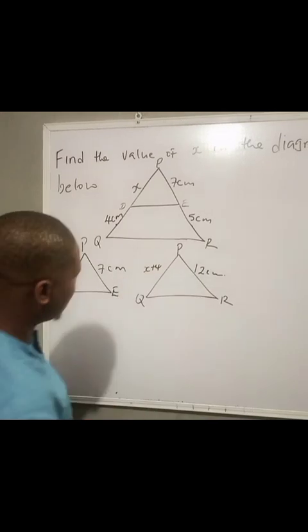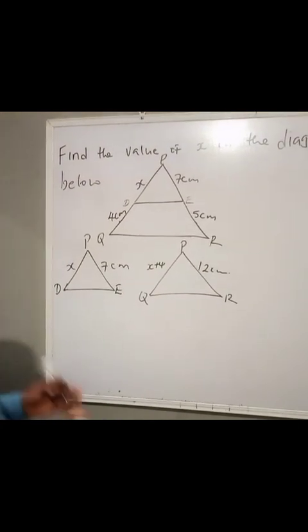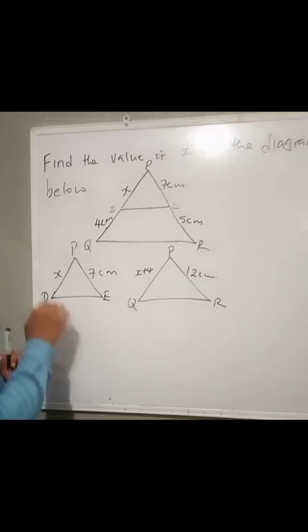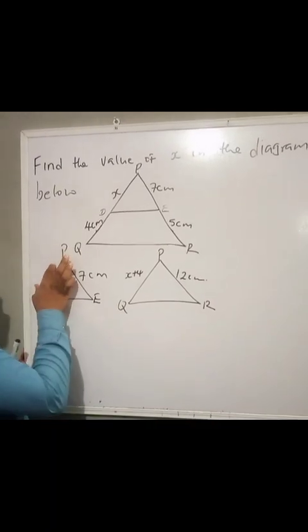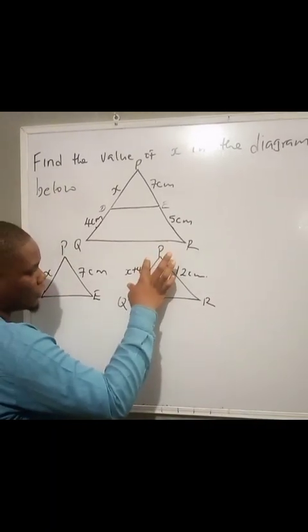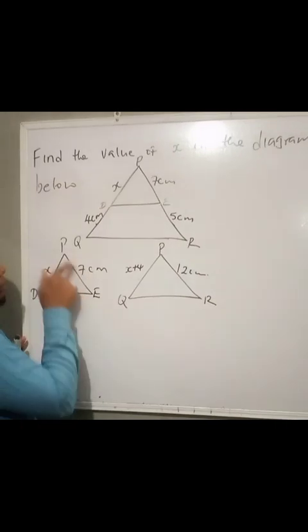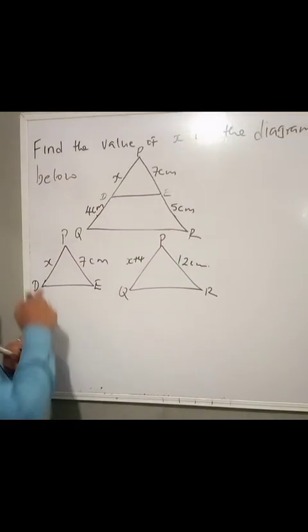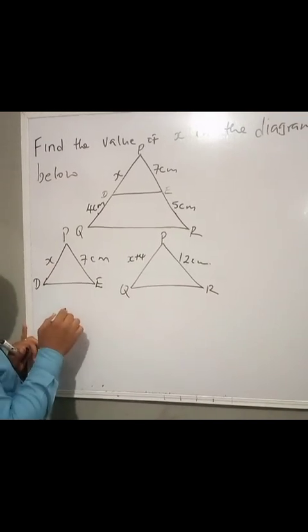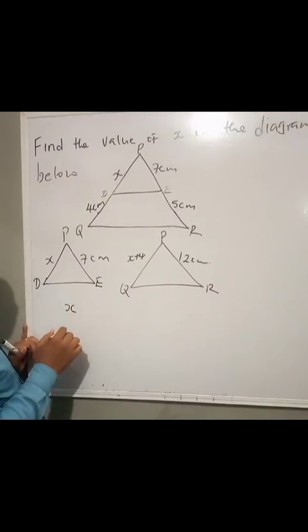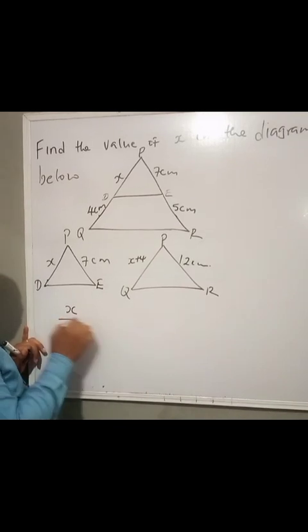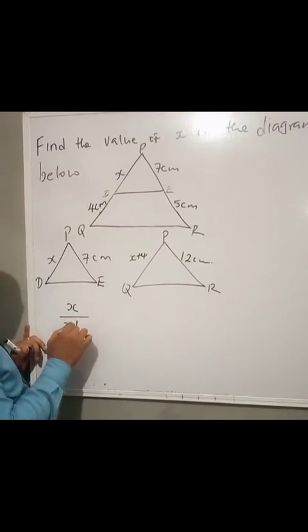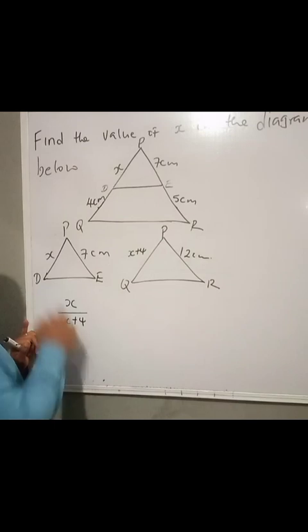Now, what's the concept? It deals with ratio. If you observe, this side is similar to this, and this other side, PE, is similar to PR. So since it's a ratio form, I will say x over x plus 4. Look at what I've done.